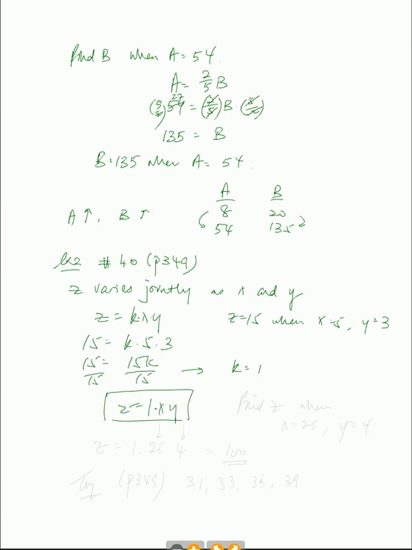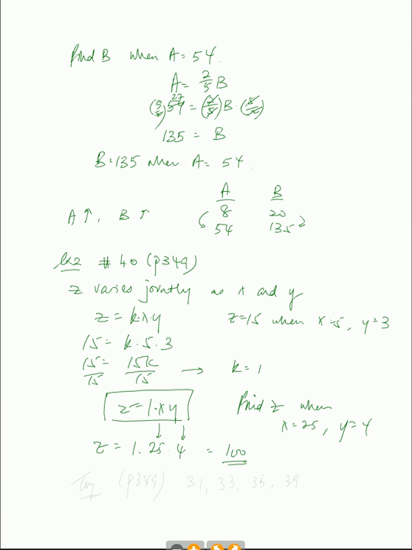And now the question is saying, can you find z when x is 25 and y is 4? So let's substitute that. So what you have now is z equals 1 times 25 times 4, because x is 25 and y is 4. Okay, so that tells you that z is 100.